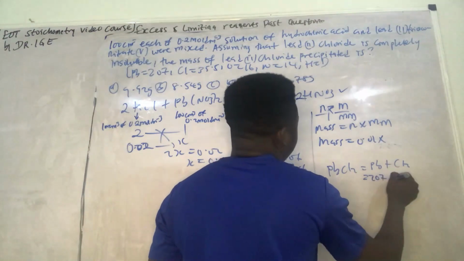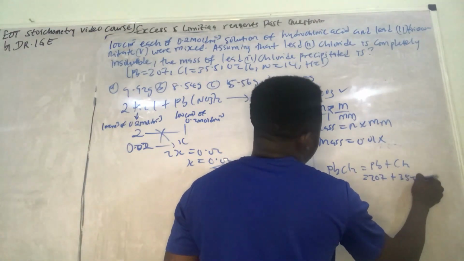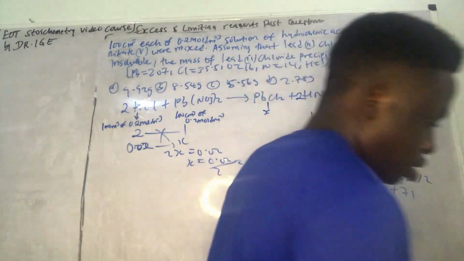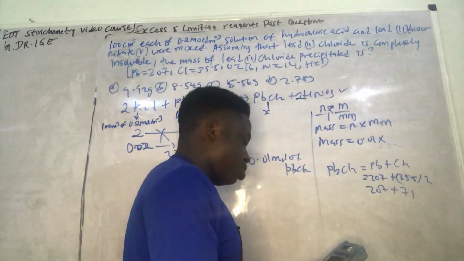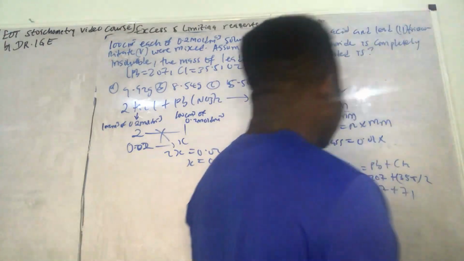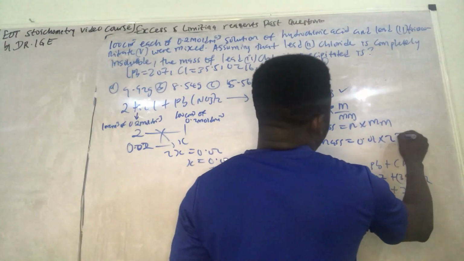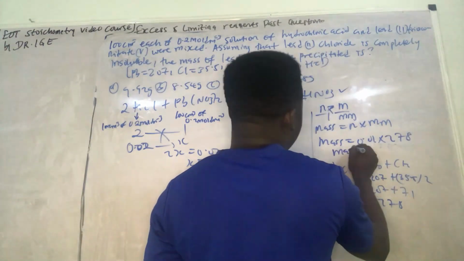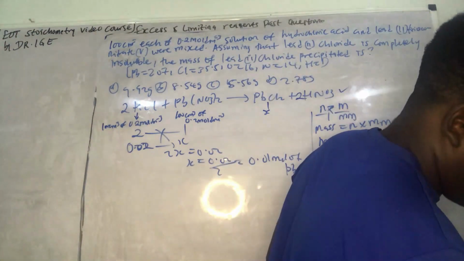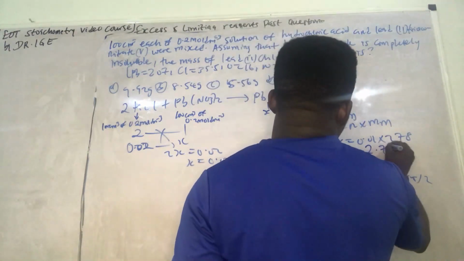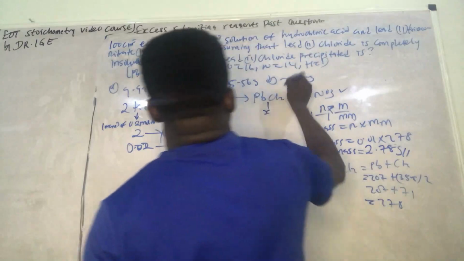Pb is 207 plus 35.5 times 2, so 207 plus 71, which gives 278. So this is 0.01 times 278. The mass is now 2.78 grams. And that makes the correct answer.